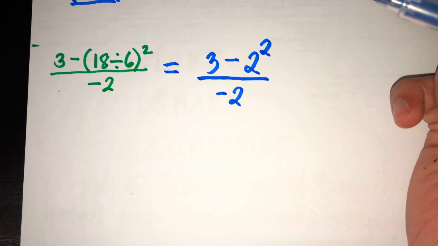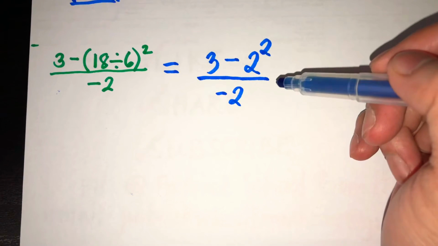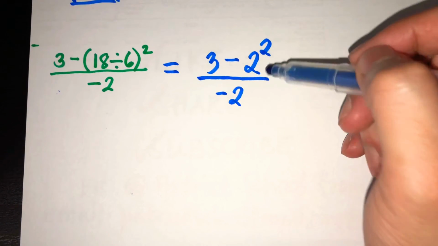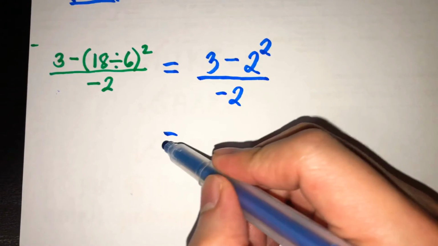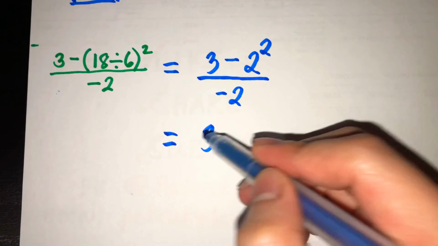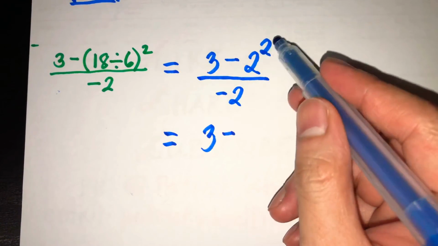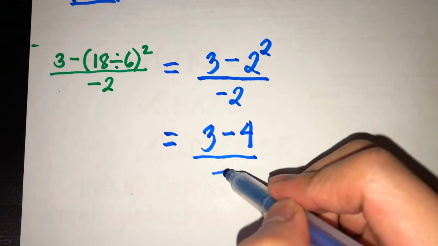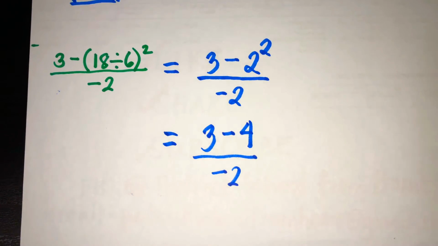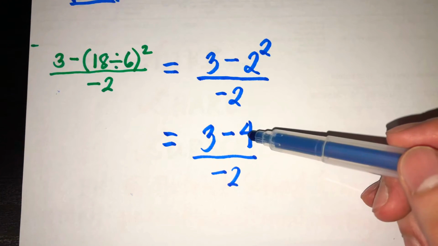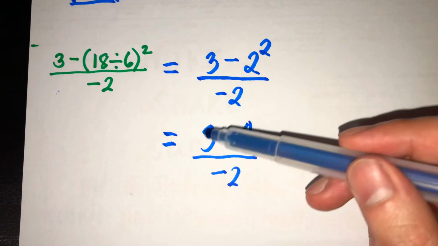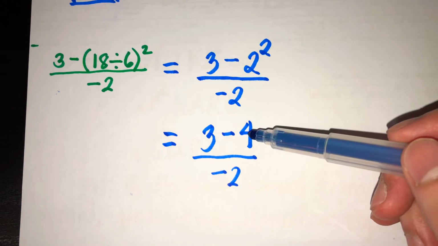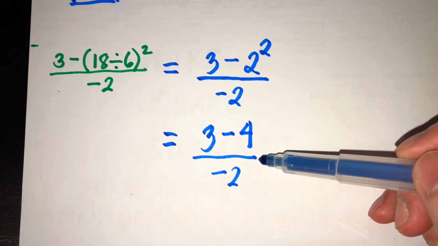Then what's next? We have the power, or the index, so we need to simplify this one. This will become 3 minus 2 raised to 2, which is 4, divided by negative 2. Now what we have here is a subtraction operation at the numerator, then we have a fraction.